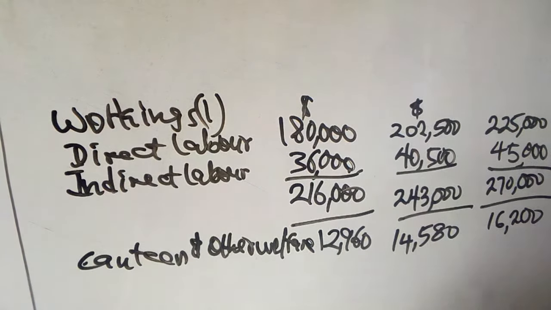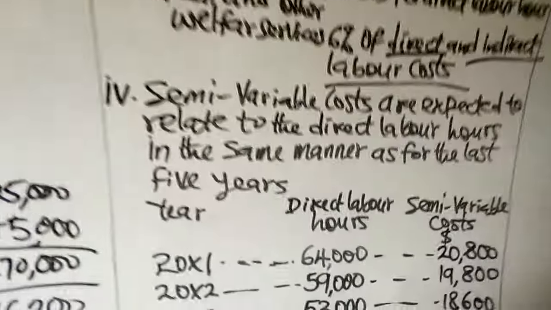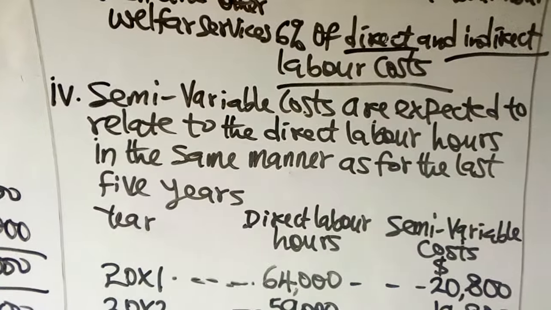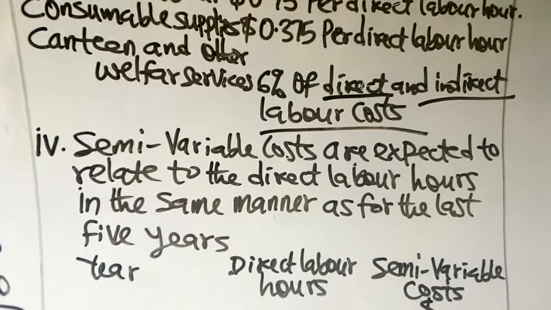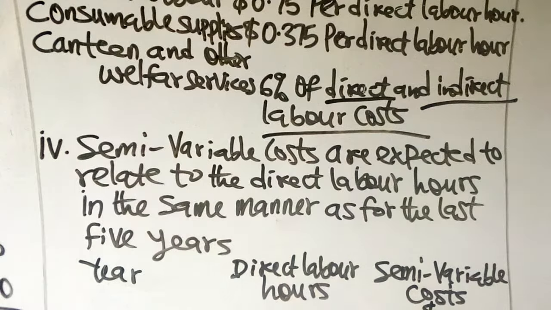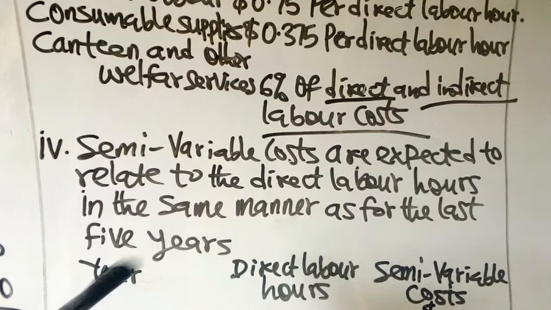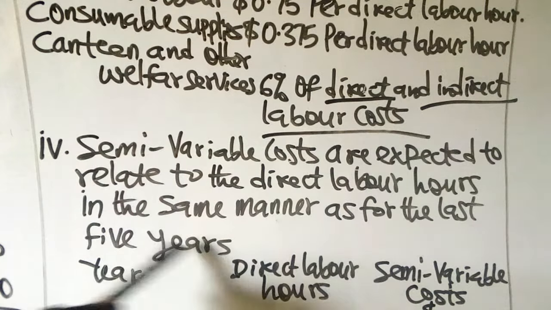So that is all about canteen and other welfare service. Note 4. Semi-variable costs are expected to relate to direct labor hours in the same manner as for the last 5 years.